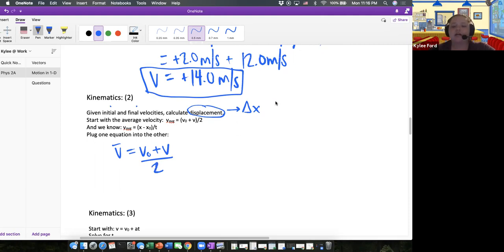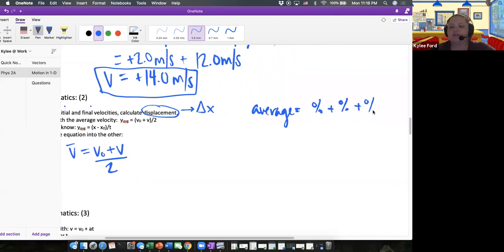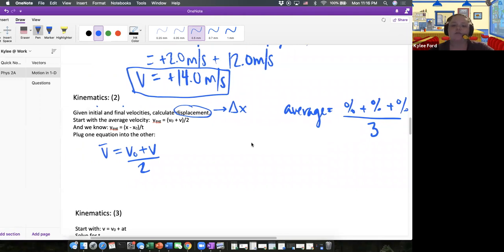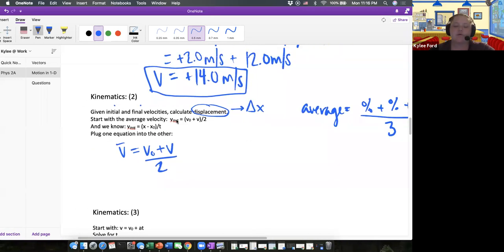Now that is known because when we're taking averages, an average is the addition of all the numbers. So say I'm doing an average of a class, I have some percentage plus another percentage plus another percentage, and say I'm just looking at those 3 students. Divide by 3, that's how I find an average. So I'm doing the exact same thing here, but now with velocity.